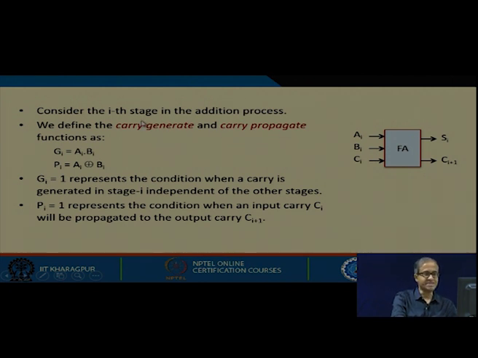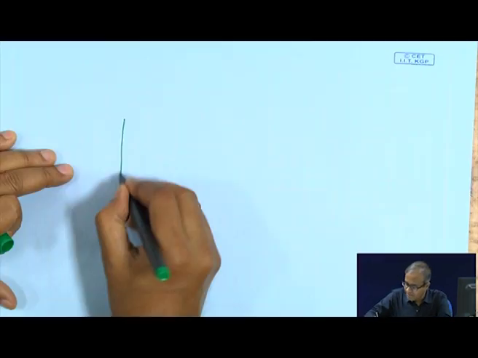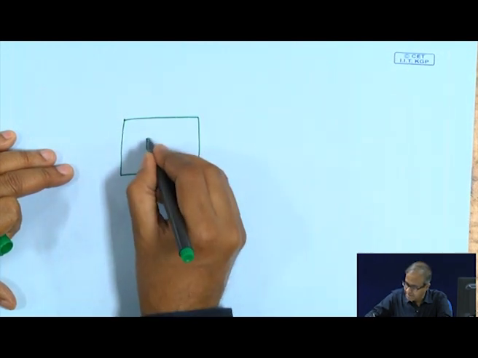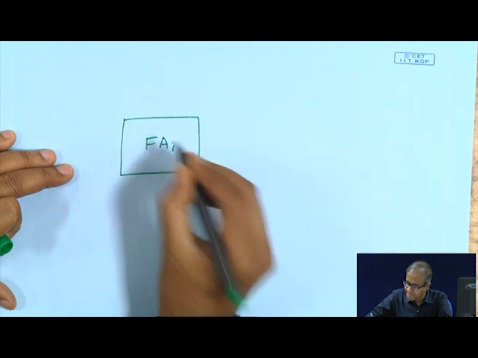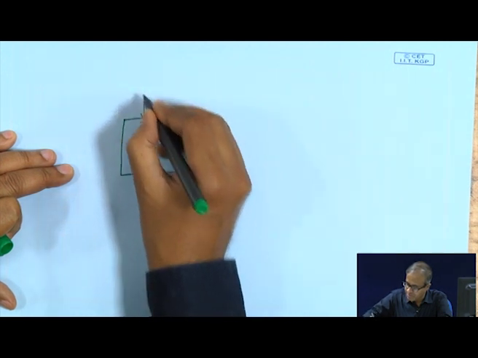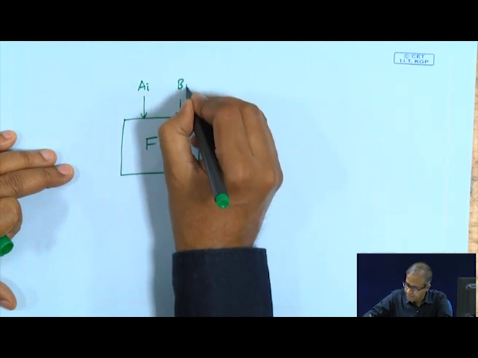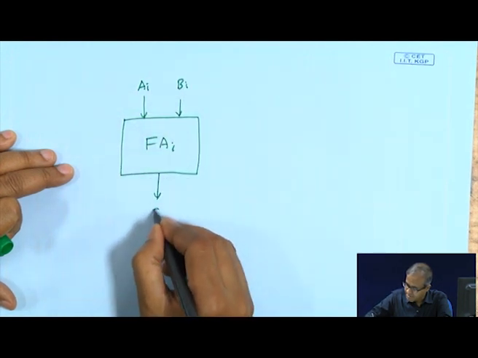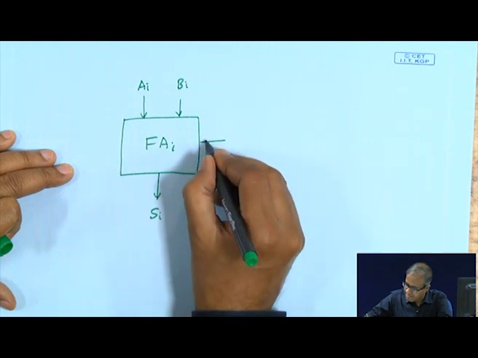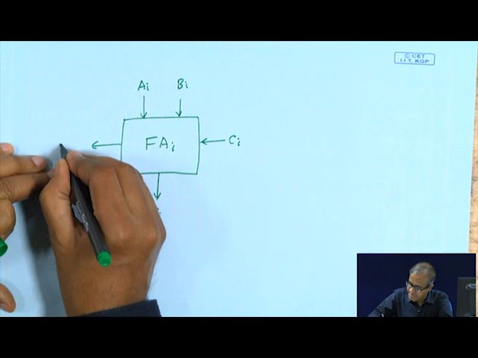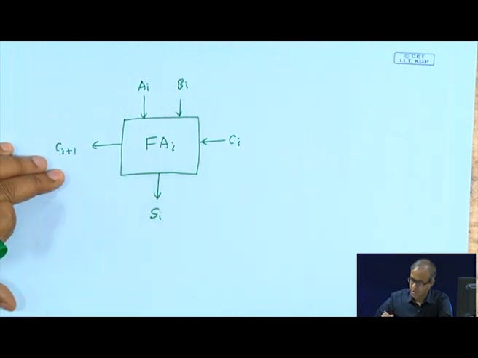What do we mean by carry generate? I have a full adder, let us say the full adder of stage i. The inputs are ai and bi, the sum is si, the input carry is ci, and the output carry is ci plus 1.